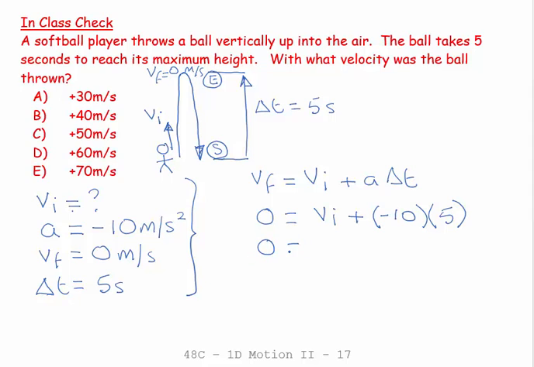So 0 equals VI plus minus 50. So if I rearrange this equation, I get that VI is equal to 0 minus minus 50. VI is equal to plus 50 meters per second.